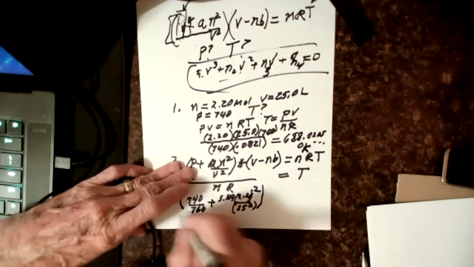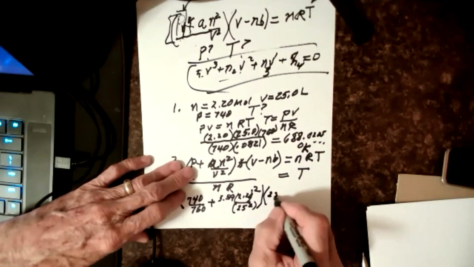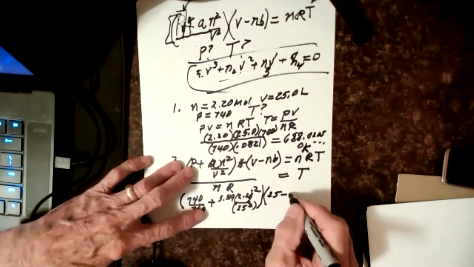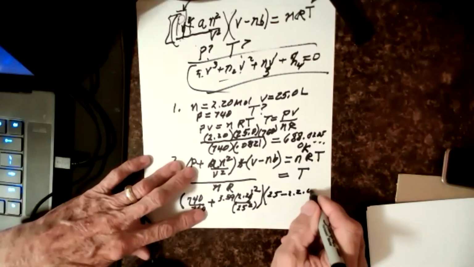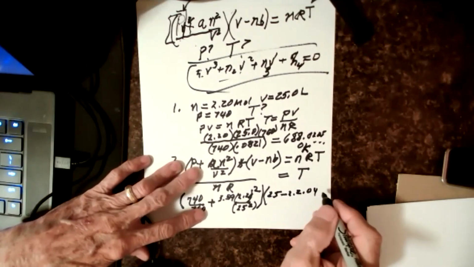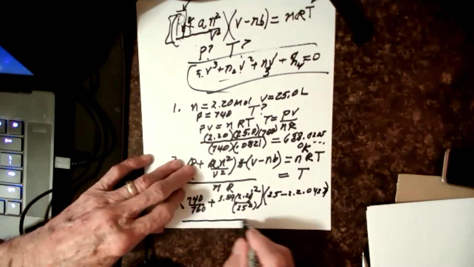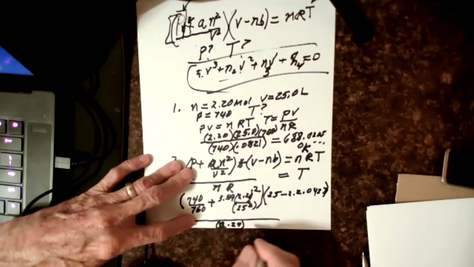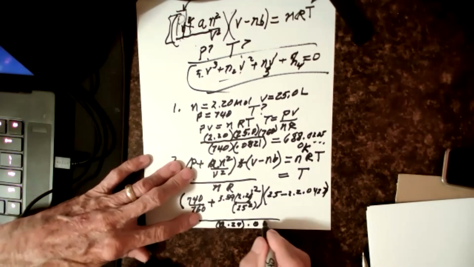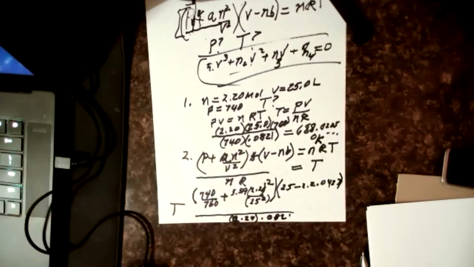And now that's that first term. The second term is V, that's 25, minus N, 2.2, times the B constant, 0.0427, like that. And then this whole thing is going to be divided by N, 2.2, and R is 0.0821. Now my temperature is equal to that crazy looking thing there.